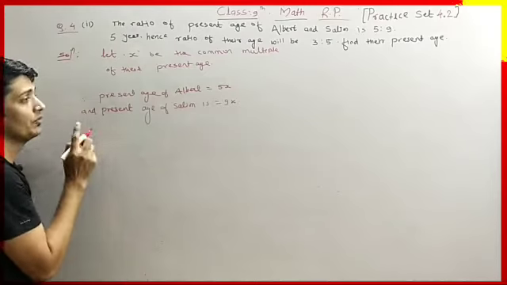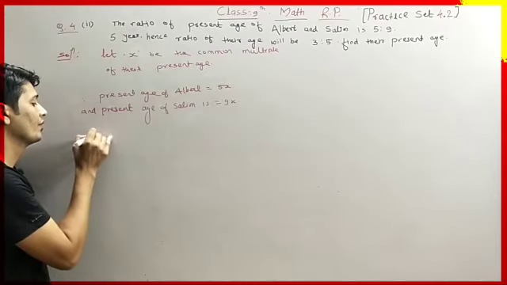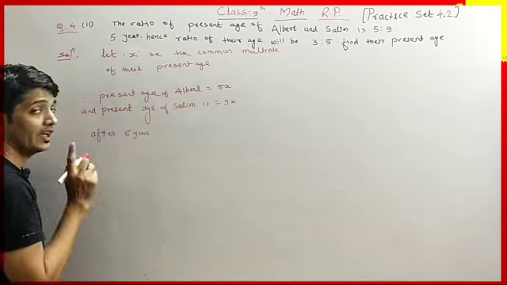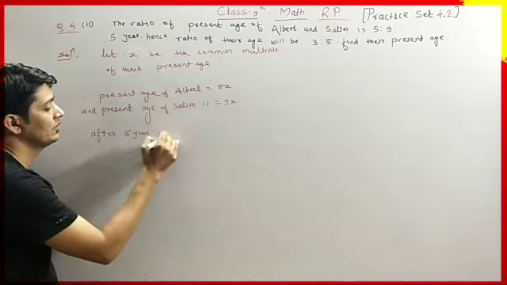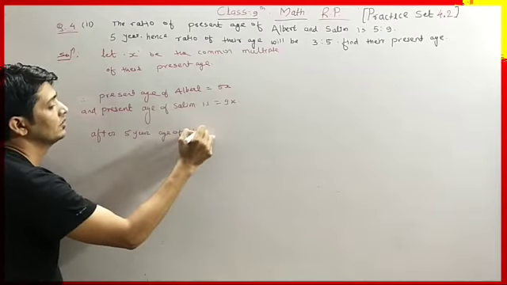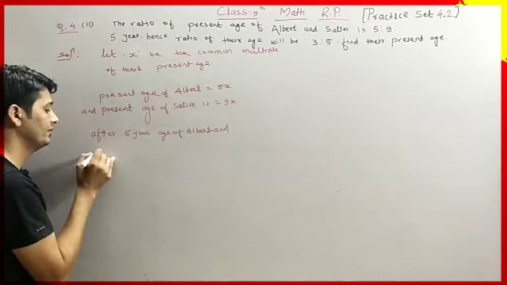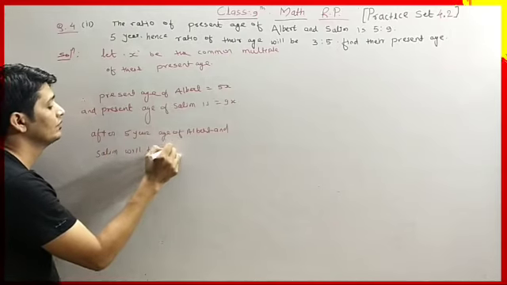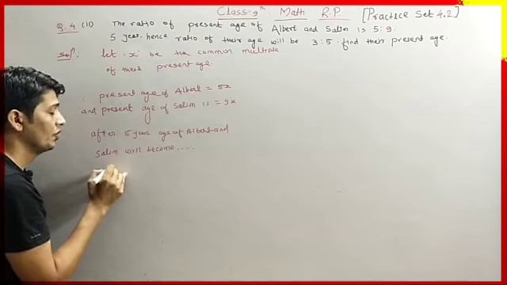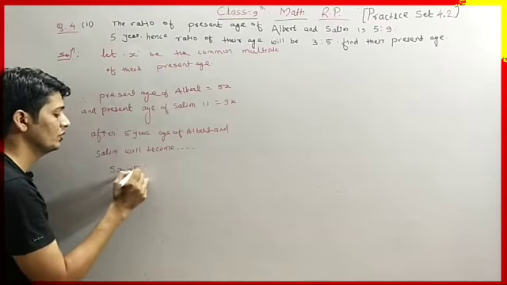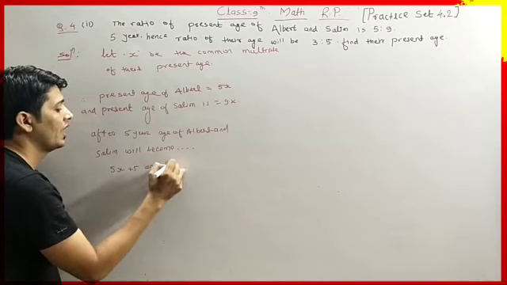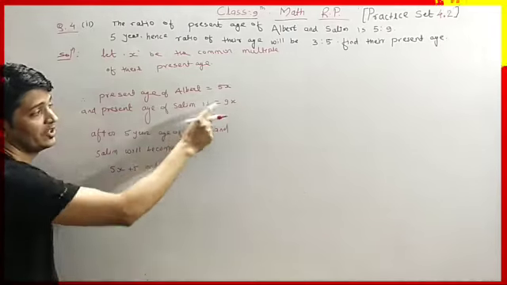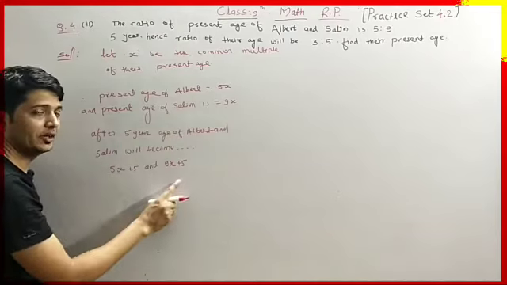Now after 5 years, the ages of Albert and Salim will become 5x plus 5 and 9x plus 5. 5x and 9x are their present ages, so after 5 years we have to add 5 again in both cases.